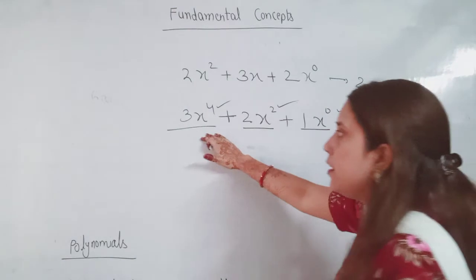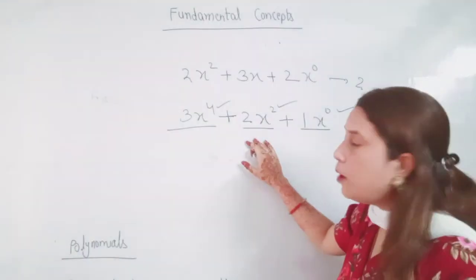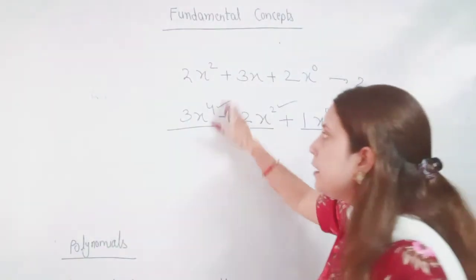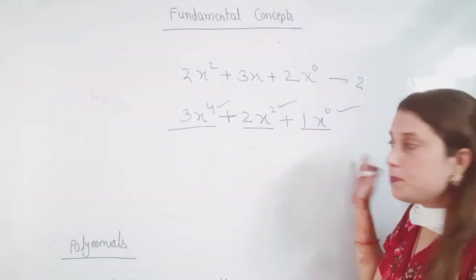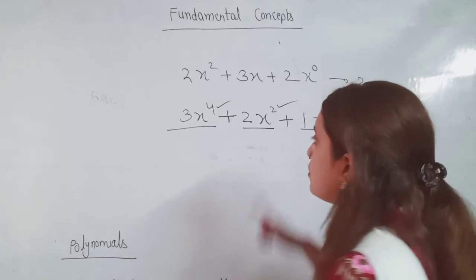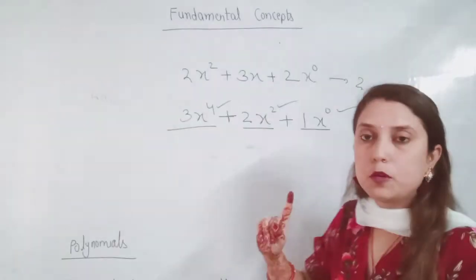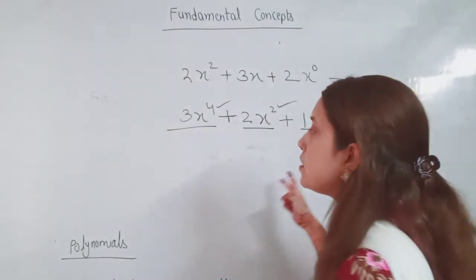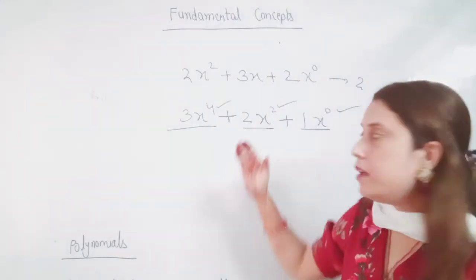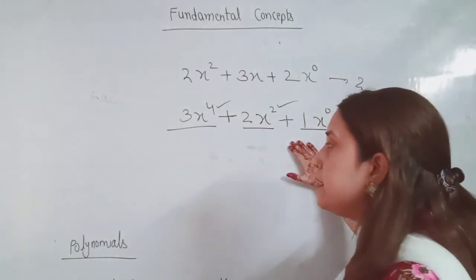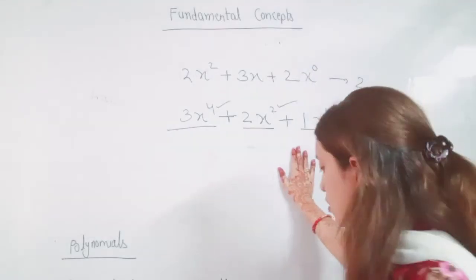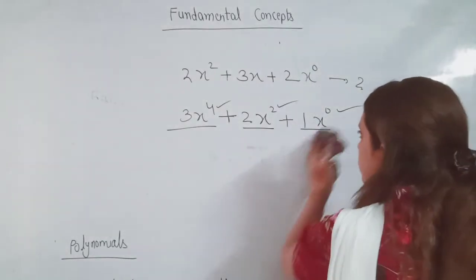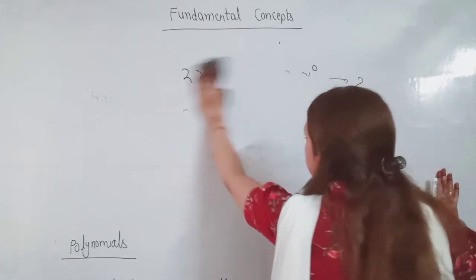So there are 3 terms in this polynomial. Degree 4, terms 3. If there is one term, that is called monomial. If 2 terms, that is called binomial. If 3 terms, that is called trinomial.